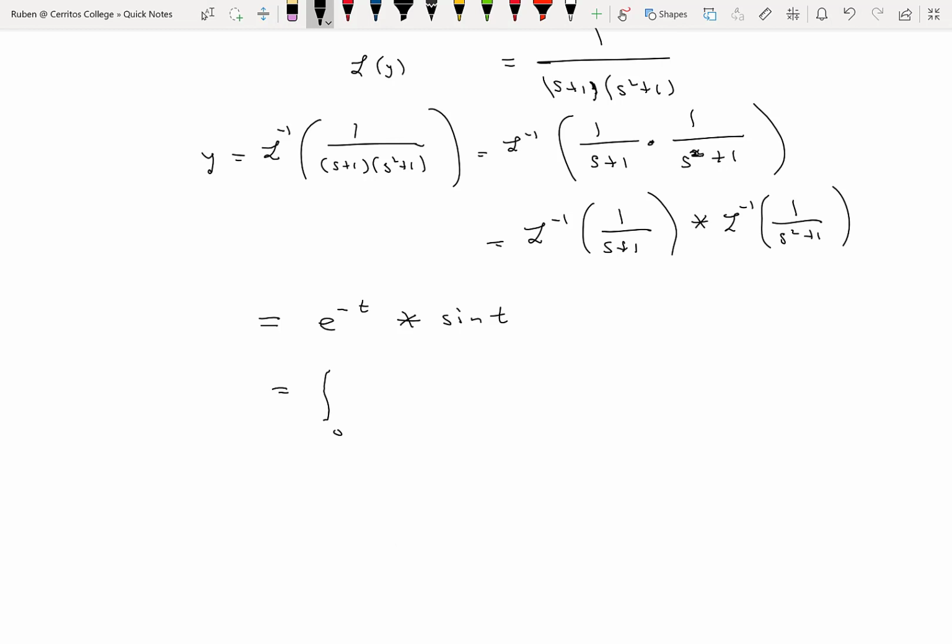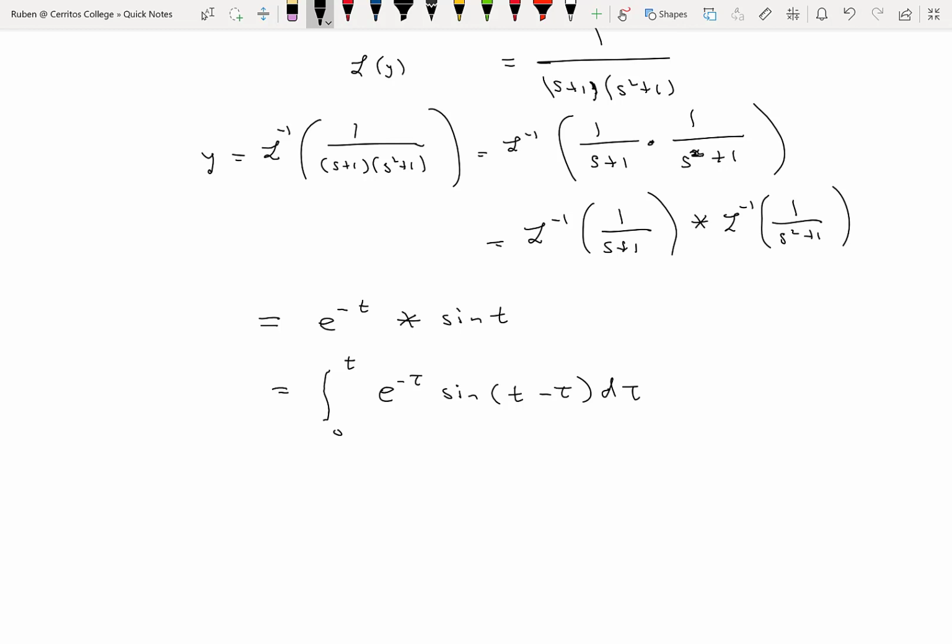So the convolution of e to the minus t with sine of t is the integral from 0 to t of f of tau, e to the minus tau, times regular multiplication, g of t minus tau, sine of t minus tau, d tau. And this is where you might actually ask that question, should I have gone back and done partial fractions instead? Because now we have to integrate this, and this is a standard integration by parts.